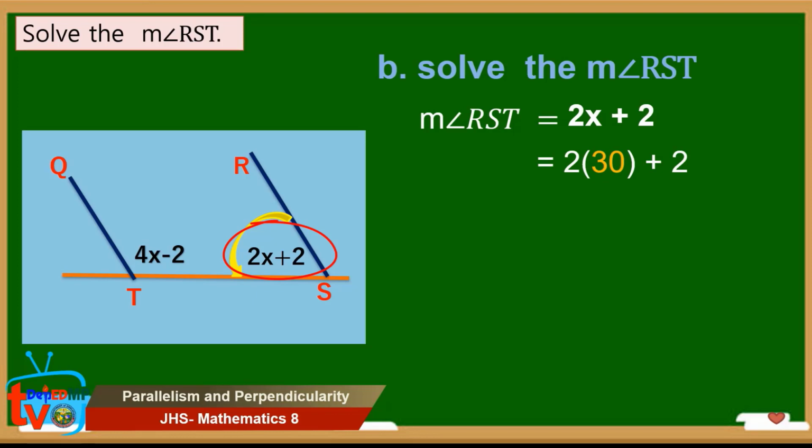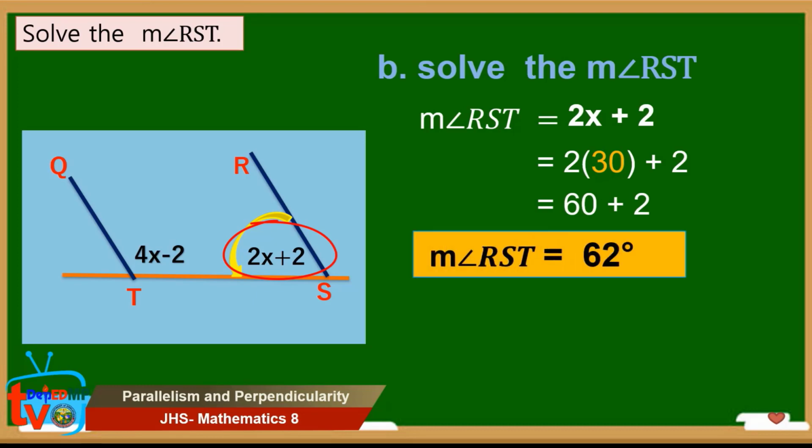It becomes 2 times 30 plus 2. From here, 2 times 30 is 60. Added to 2, it becomes 62 degrees. This is now the actual measure of angle RST, which is being asked in the problem.